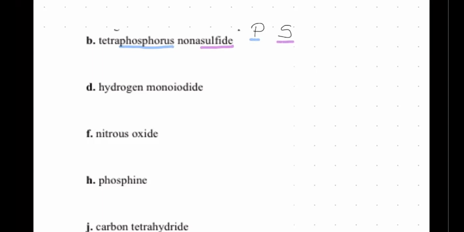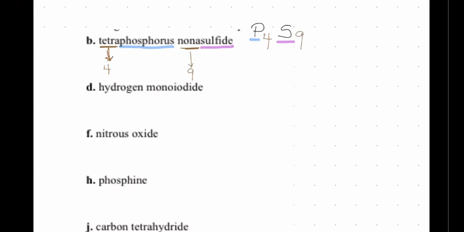Now we go to the prefixes. The prefix will tell me how many I have of each. Tetra. How many is tetra? Great. How many is nona? Great. 9. So this is a 4 and this is a 9.